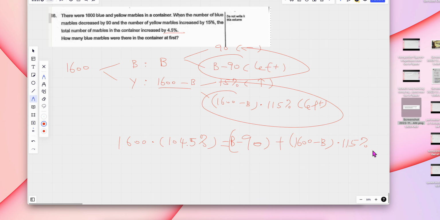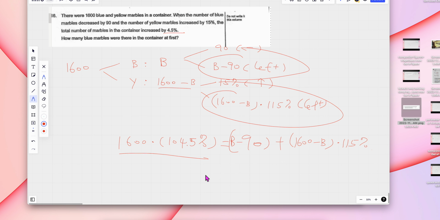It's 4 marks, 2 marks. So as long as you can get the branch and the equation, you get 50% of the marks. But if you know how to continue, which is how to open the bracket, we are going to do it.